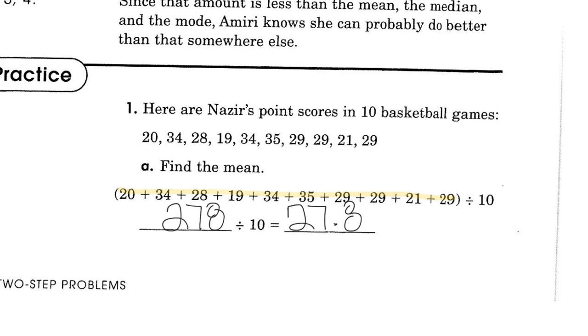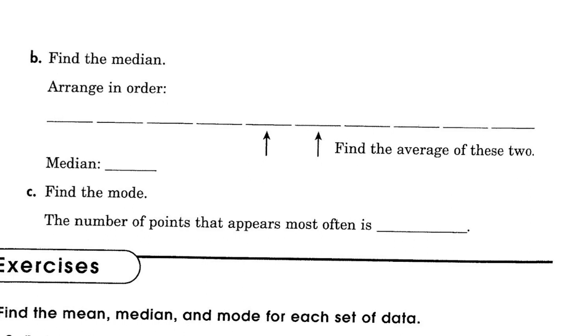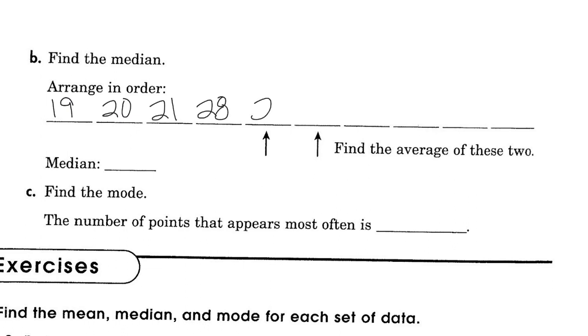Make sure you got that information copied down before going on to the next page. Now, when you are finding the median, you have to put your numbers in order from smallest to largest. Looking back at the previous page, my first number is 19, then it goes to 20, 21, 28, 29.